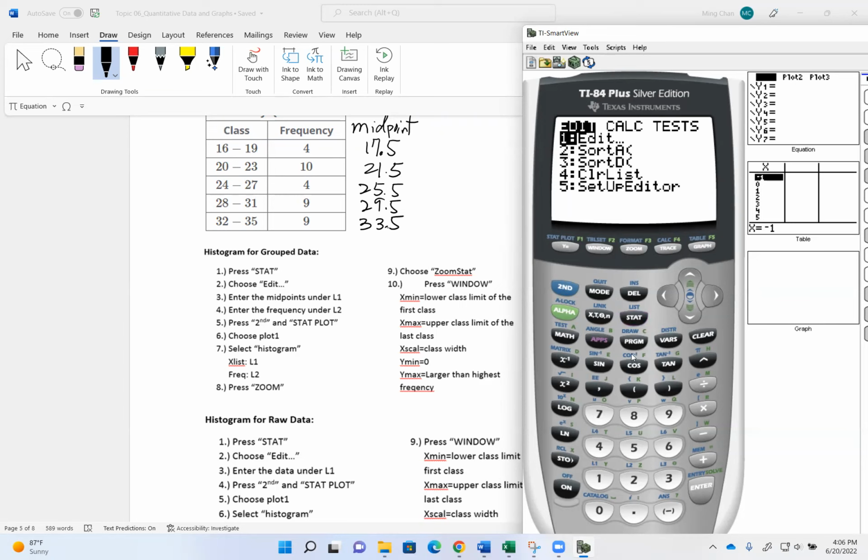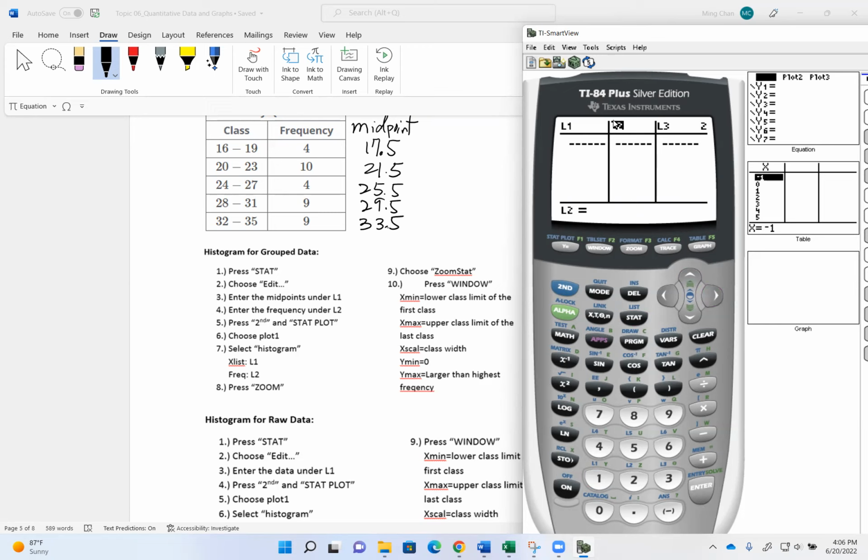If I go to stat, choose number 1, edit, there's nothing in L1. Nothing should be in here at all. If there is something in L1, L2, whatever, go up, highlight the list, press clear, press enter. Do not press delete.